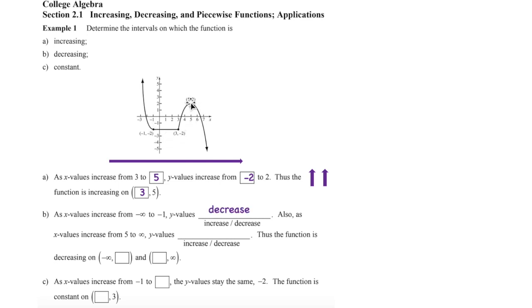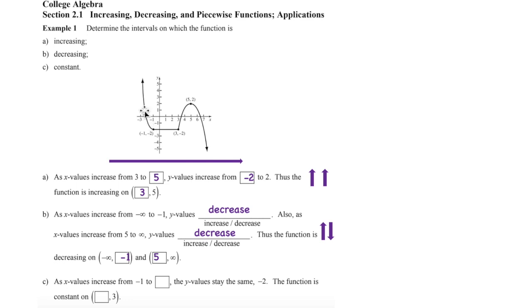Also, our x values are increasing from 5 to +infinity, while our y values are decreasing. So our function, while our x values are increasing, our y values are decreasing, from -infinity to -1 and from 5 to infinity.